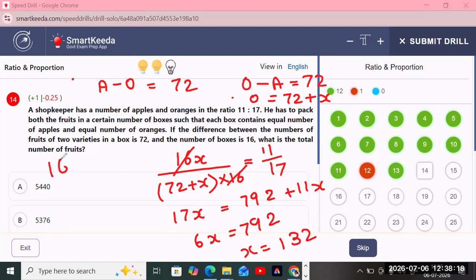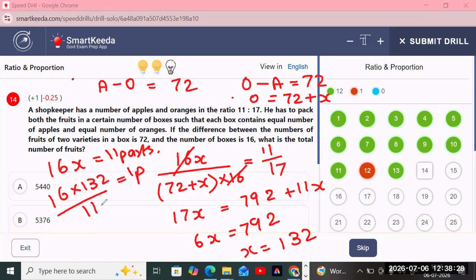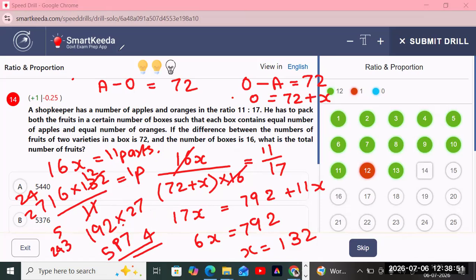Okay, if 16x is equal to 11 parts, then 16 upon 130 multiplied by 132, so 1 part has become 192. 1 part is 192, so total number of fruits is 27 parts.